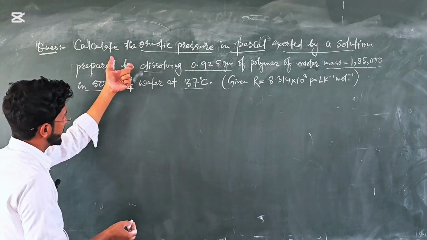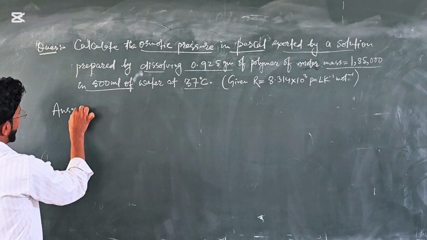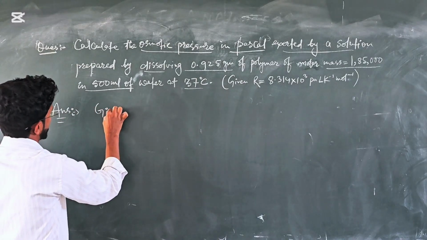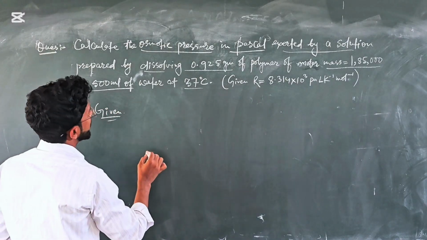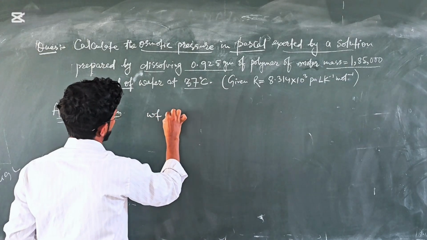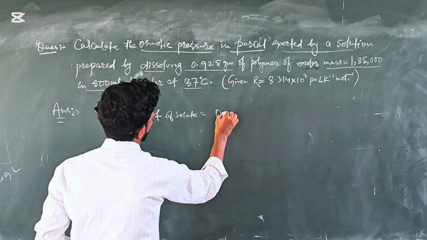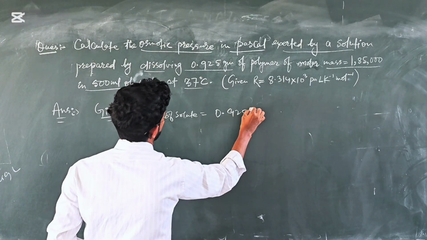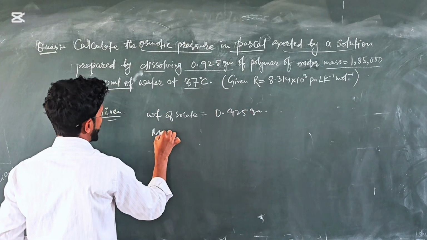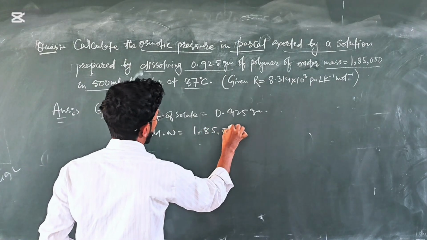Now how can we calculate? First we have to write the given information. The weight of solute is 0.925 gram and the molar mass, molecular weight, is 1,85,000.